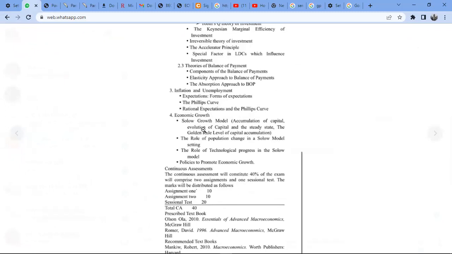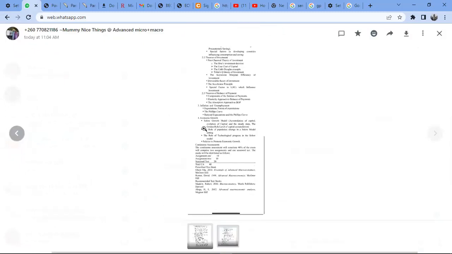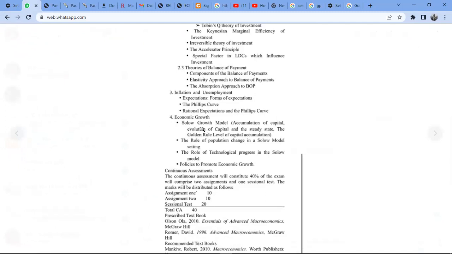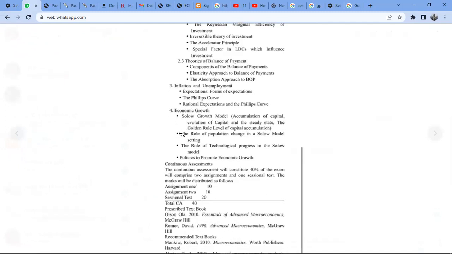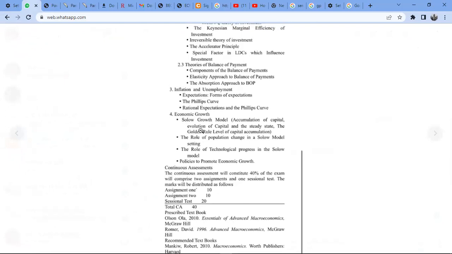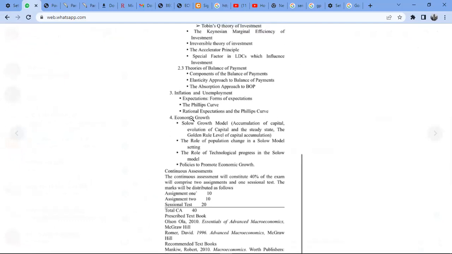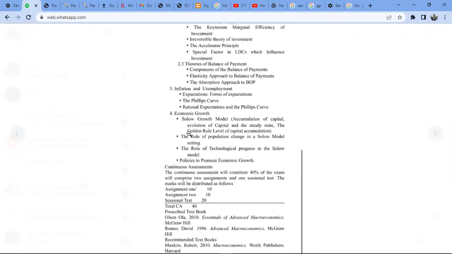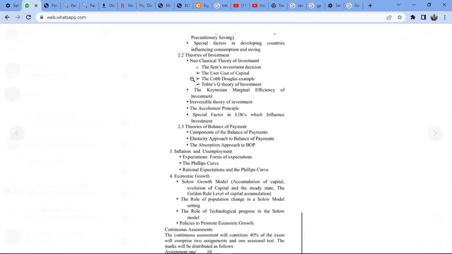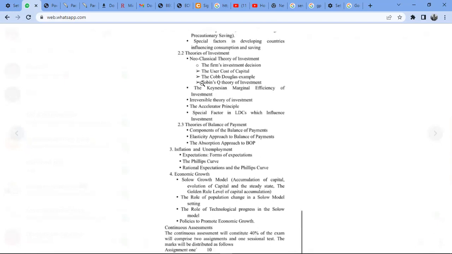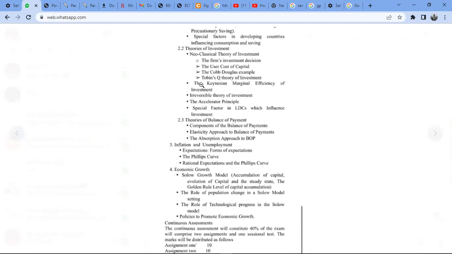If you notice, in the Solow growth model, we talked about the evolution of capital, the steady state, and the golden level of capital accumulation. From this stage, if we start going backwards, it's going to be very easy for us to understand. Trust me, if we look at the theories of investment, this is just a 30 to 40 minute lecture. The Tobin's Q, these are easy to do.